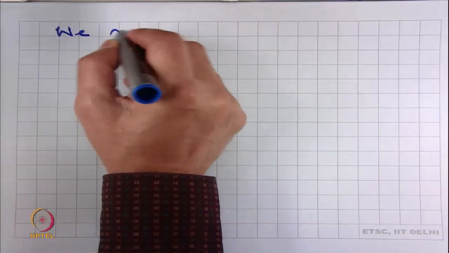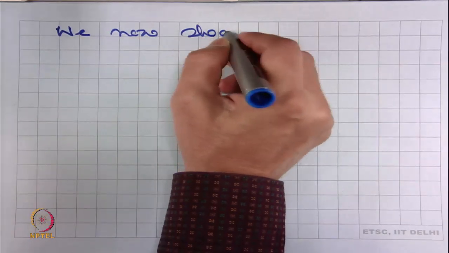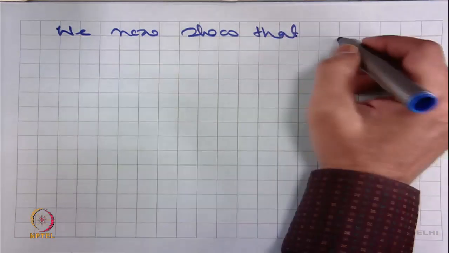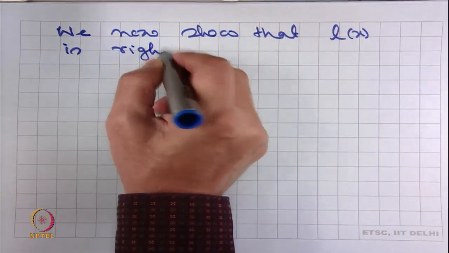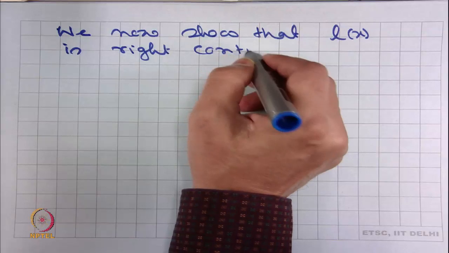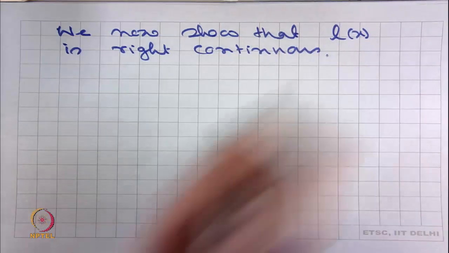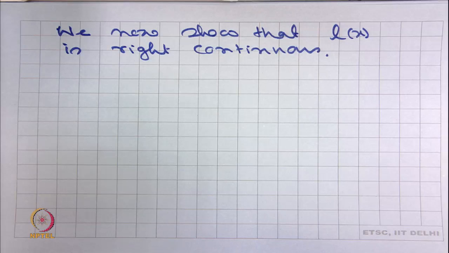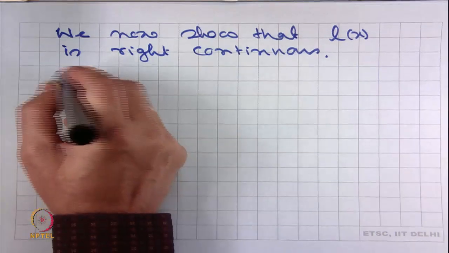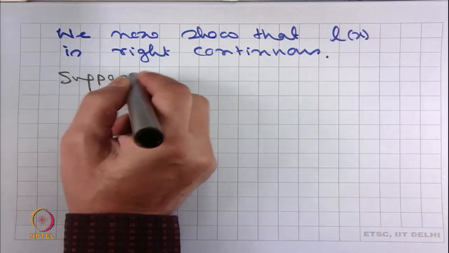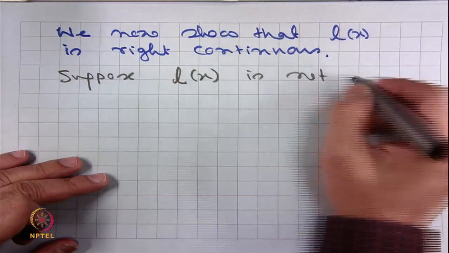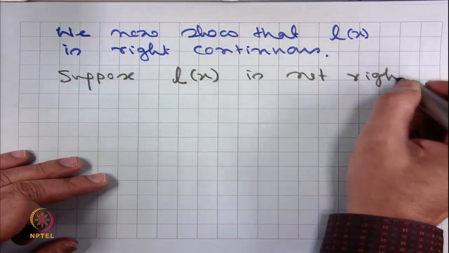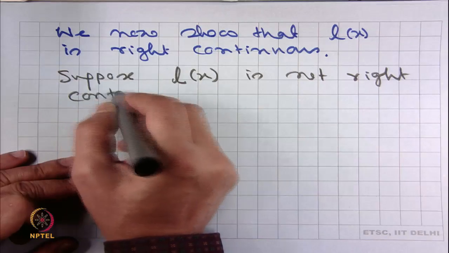So, now we show that L x is right continuous. Suppose not. Suppose L x is not right continuous.